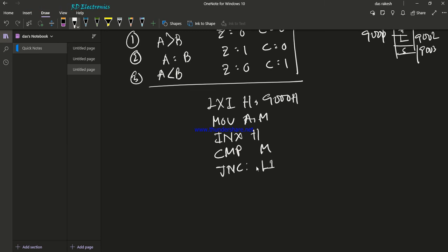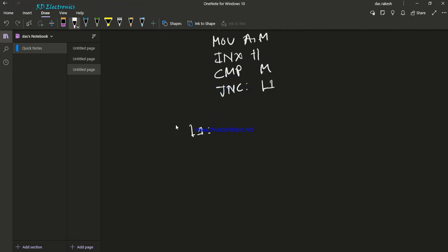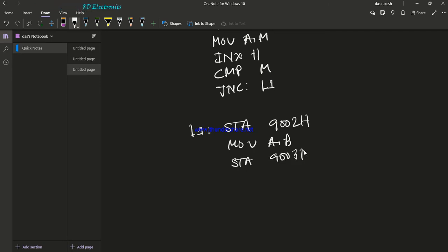So why JNC, students? This is very important. Jump if no carry, that means A is greater than B. Then we directly store A in 9002 and then transfer the number of B to the accumulator. Then this is stored to 9003. This is a very easy task, and then halt.